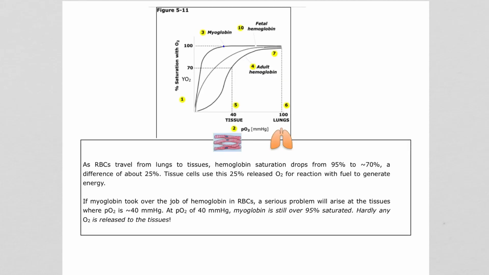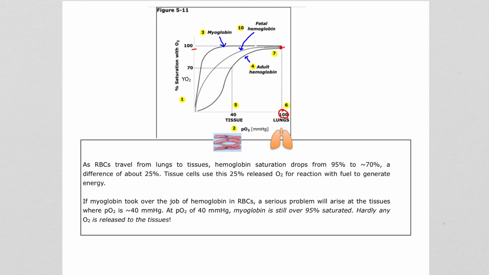So here is the oxygen dissociation curve of myoglobin. This middle one is for fetal hemoglobin, and this one on the right is for adult hemoglobin. You can see that when the PO2 is very high at 100 in the lungs, adult hemoglobin is about 95 to 99% saturated.